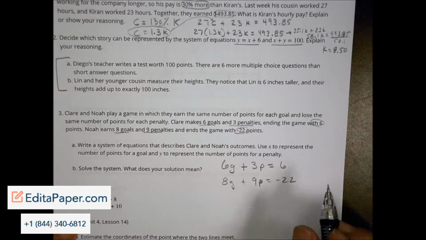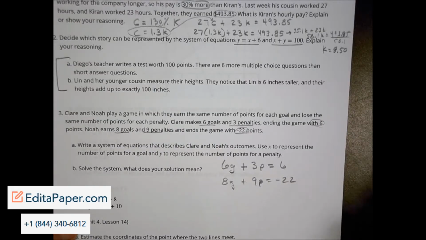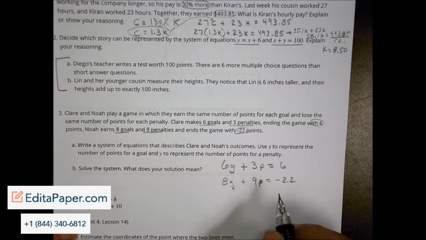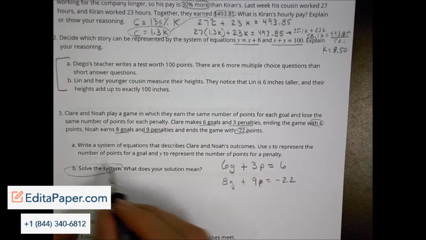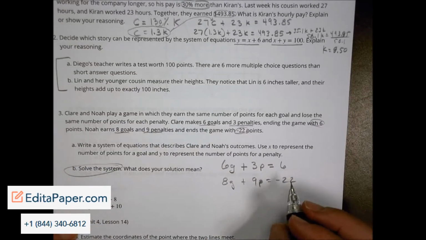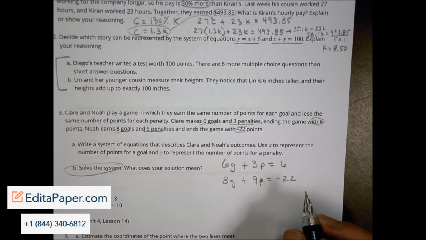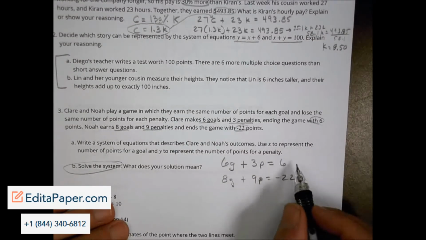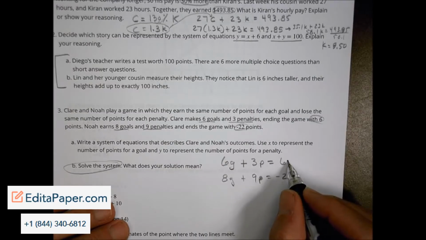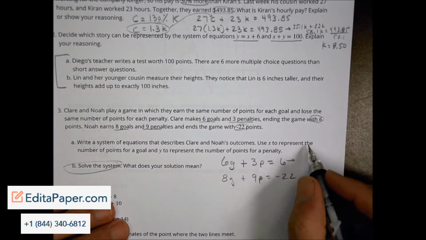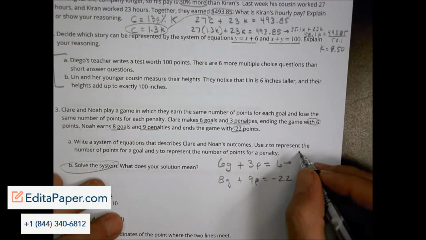Okay, so now I have 2 equations. Now I can take these and solve the system. What I might want to do first of all is get a P on one side. So I'm going to use this one real quick. I'll write up here small so you can see what I'm doing.